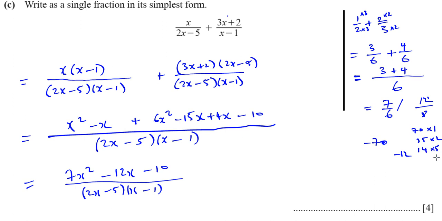We need to have a difference of 12. Nope, nope, nope. 7 times 10, nope, that's it.